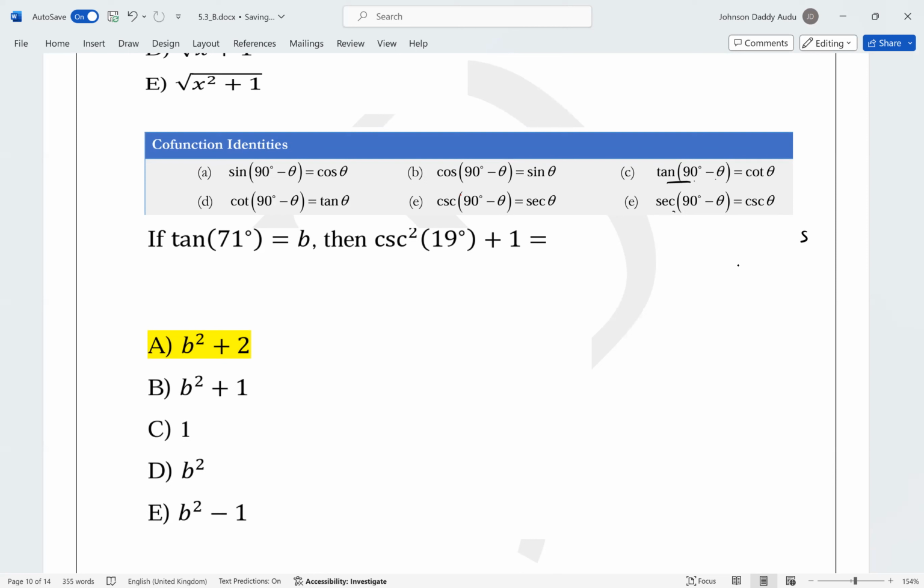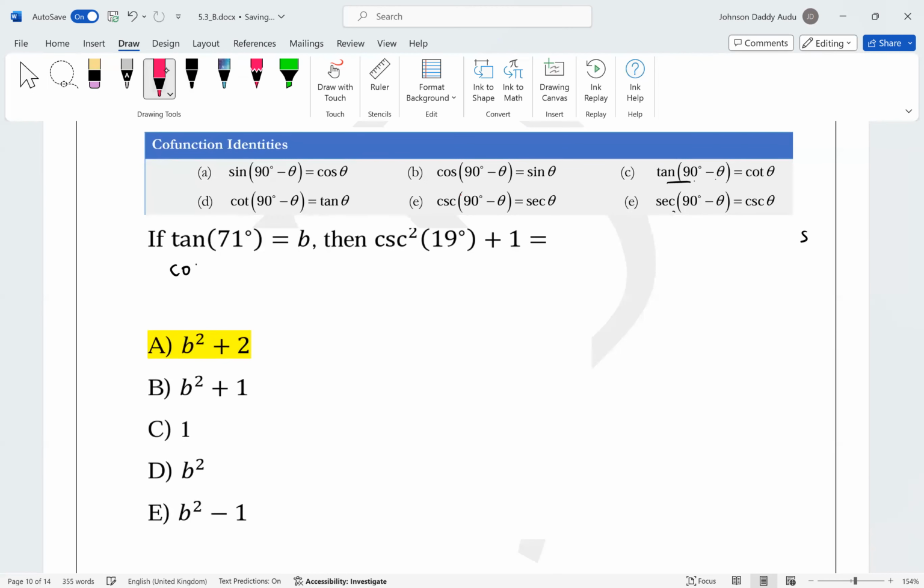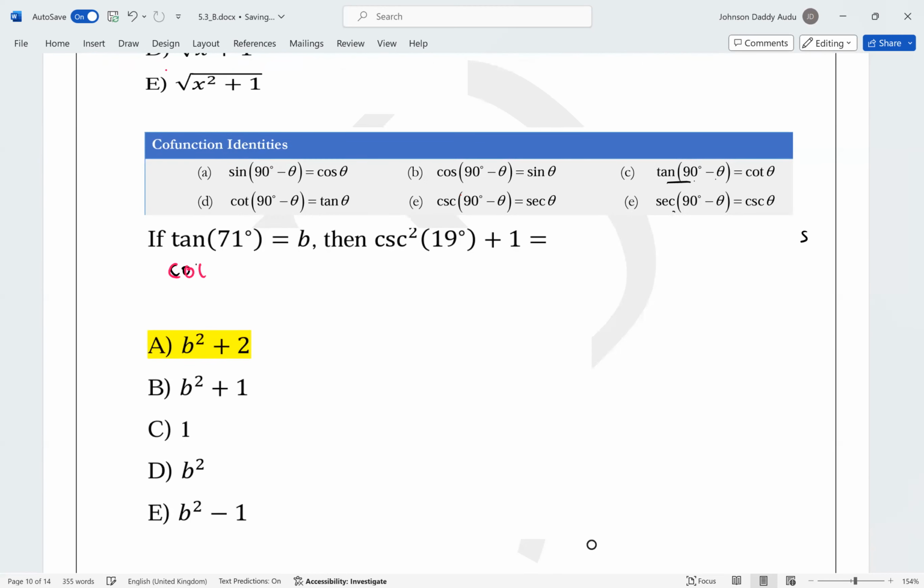So this is the same thing as cotan of 90 minus 71 is equal to B. We are using this co-function identity: if you have tan, you can always change it to cotan, just 90 minus.